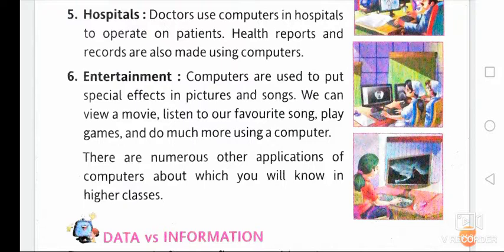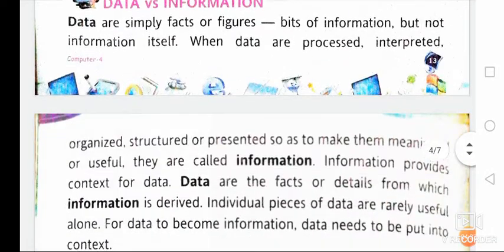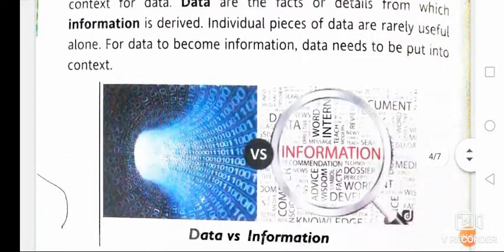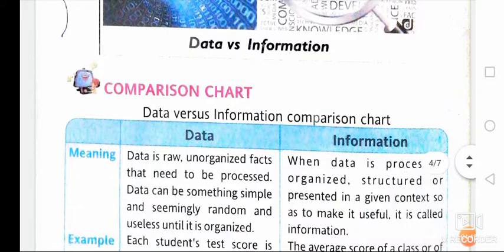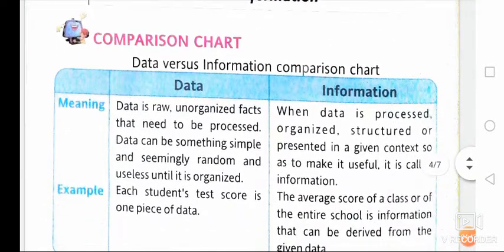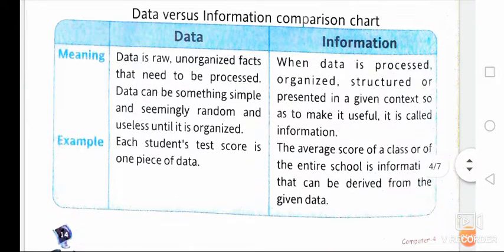Then now we are going to check the differences between data and information. Okay, what is the difference between data and information? Here one table is given, data versus information comparison chart. What is the meaning of data?